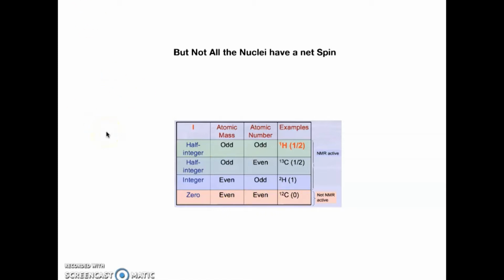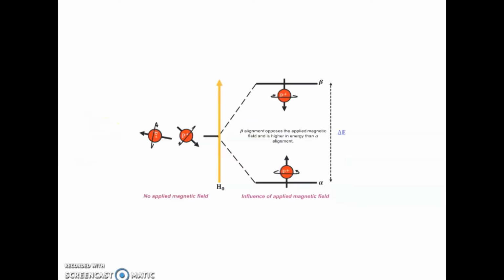So those nuclei which have a net spin will orient themselves randomly. That is, when there is no applied magnetic field, the direction of the magnetic moment of that particular nucleus can be in any direction until we apply an external strong magnetic field.